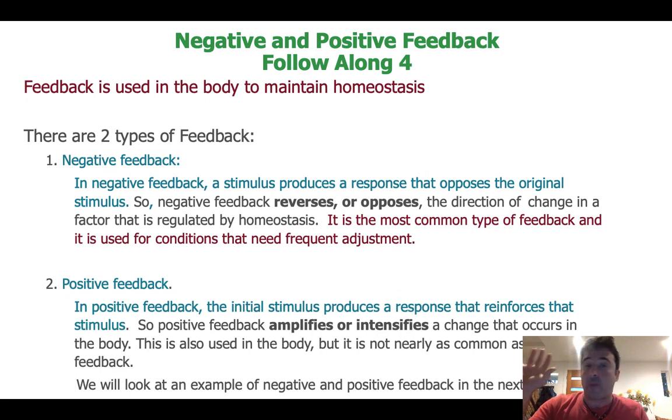So we're on follow along 4 now. There are 2 types of feedback that living systems use to maintain homeostasis. There's negative feedback and positive feedback. Negative feedback is defined as a system of feedback in which the response opposes the original stimulus or negates the original stimulus. In other words, if the response and the stimulus are opposite of one another, you're looking at a negative feedback system.